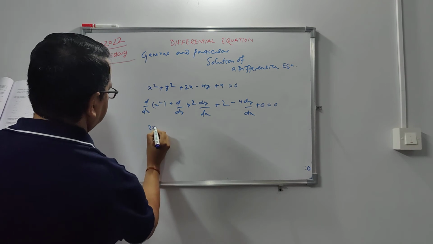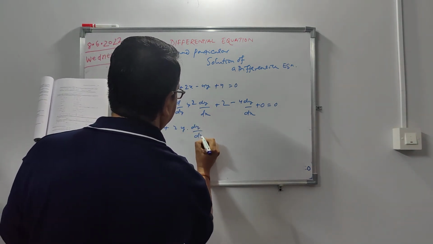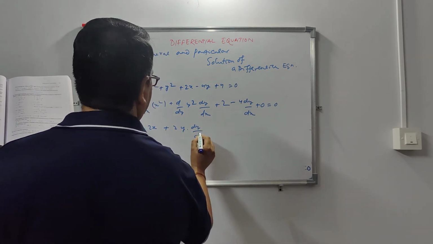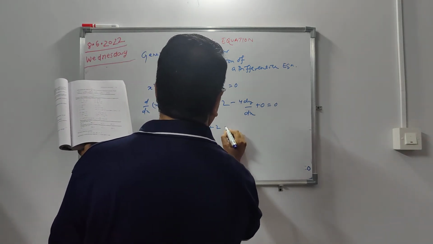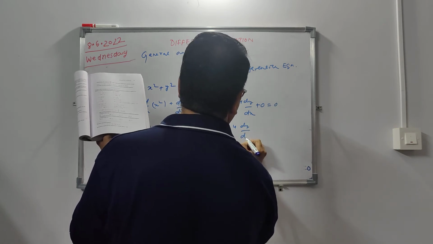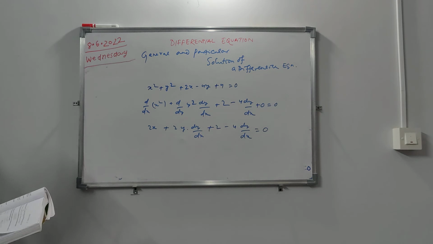That means 2x plus 2y into dy by dx, plus 2 minus 4 dy by dx is equal to 0.